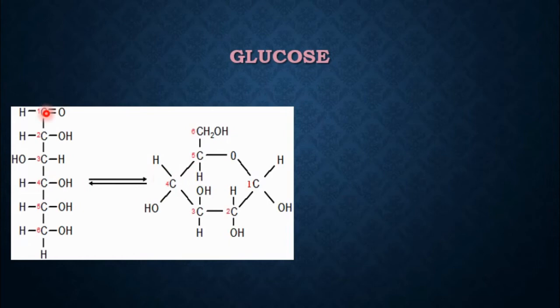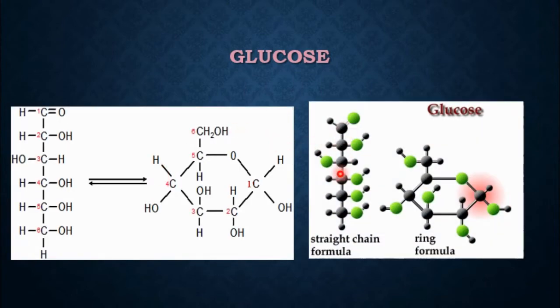The carbon atoms are numbered from 1 to 6, and there are certain arrangements of atoms, sometimes OH on the right side, sometimes OH on the left side. This orientation of atoms is very important as it plays a vital role in the chemical reactions involving glucose. Now we are seeing the 3D model of glucose, both as a straight chain and as a ring formula. For glycolysis, we will be seeing glucose in this ring structure.